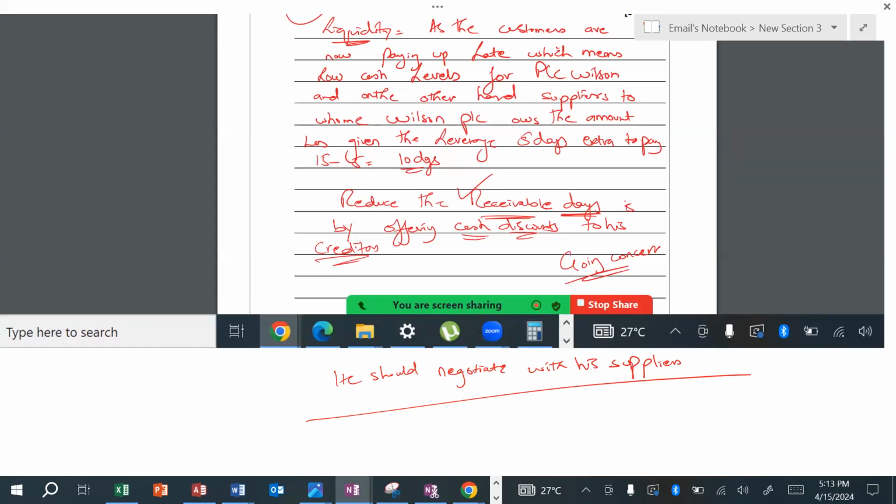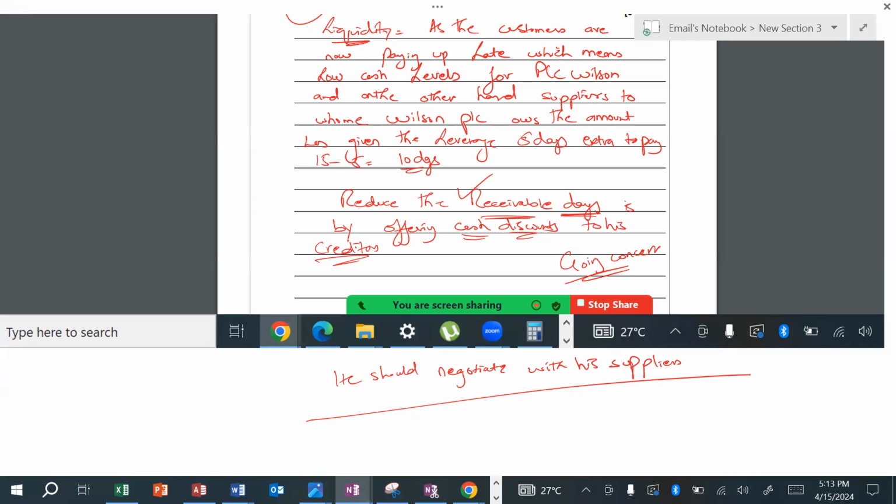For example, if he is about to get paid in 35 days, if the receivable days are reduced, then the 43 days payment period is fine. But if they are delaying the payment, then he should negotiate and ask the suppliers to extend his time period.